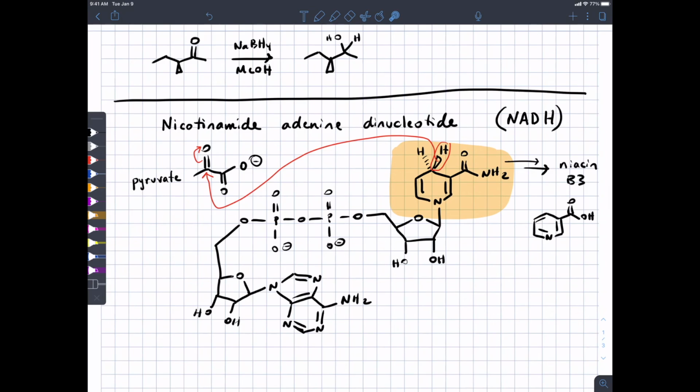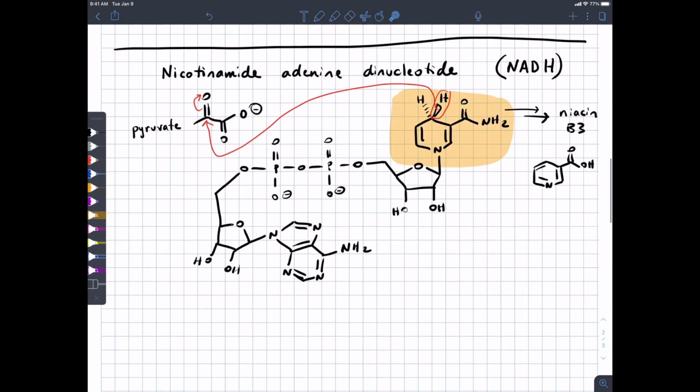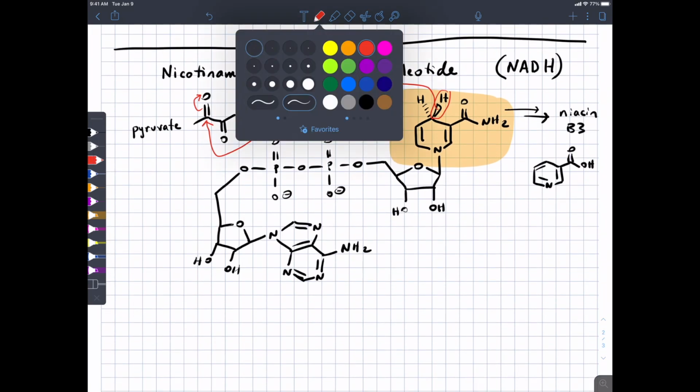The answer is it's a direct handoff. If you go look at X-ray crystallography structures of enzymes that do this reaction, they put that part of NADH right immediately next to the carbonyl, and so it's a direct handoff like we talked about before. Now, let's draw what you get as products.